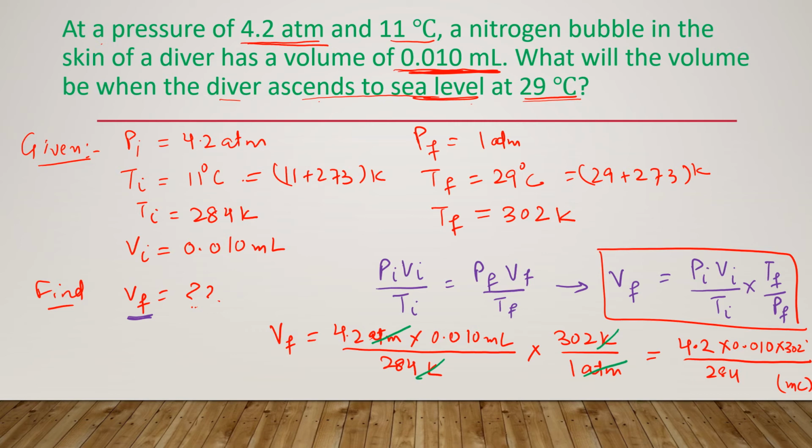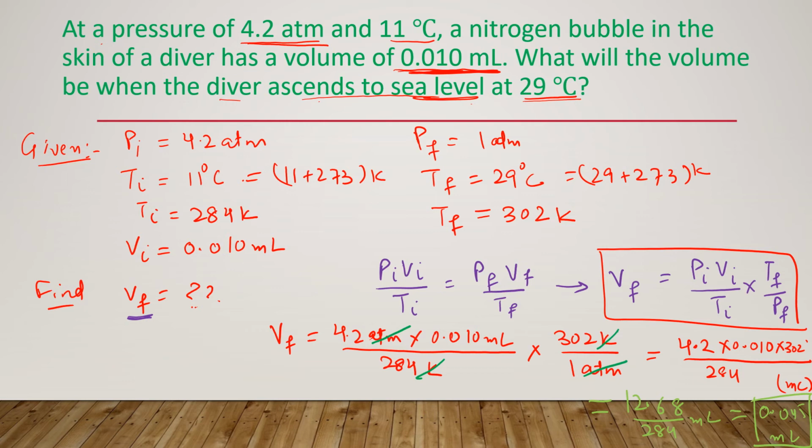So let me use the calculator to perform this calculation. This value comes out to be 12.68 divided by 284 milliliters, and the final number, let me divide, is 0.045 milliliter. So that will be the final answer.